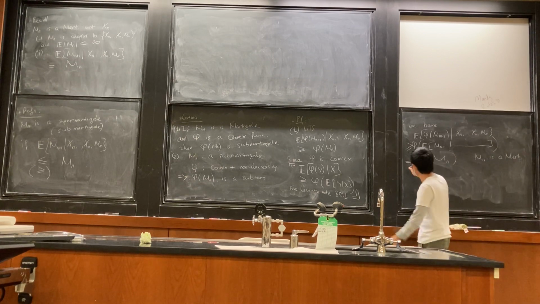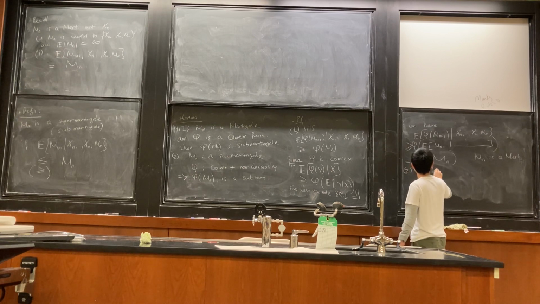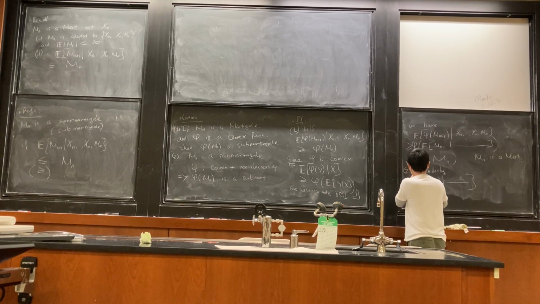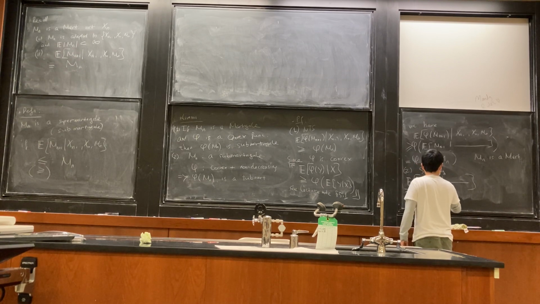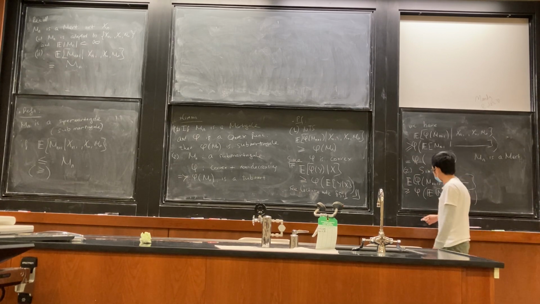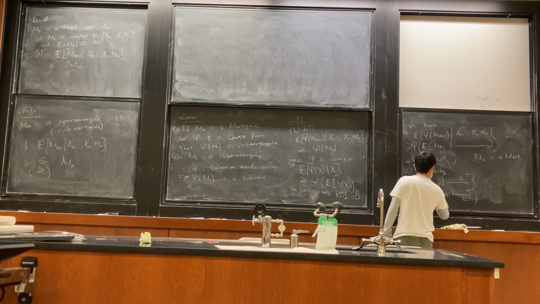So for the sake of completeness, similarly, we have basically the same argument. Conditioned on the past, this is greater than phi of the expected value of Mn plus 1 conditioned on the past. And then because it's a submartingale and phi is non-decreasing, this is always greater than phi of Mn.